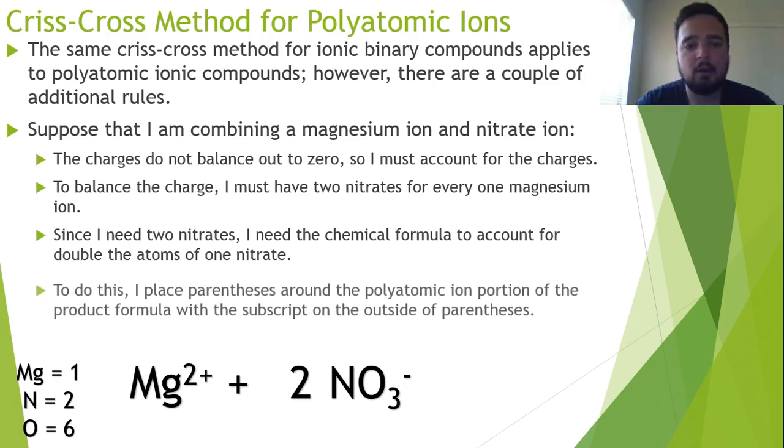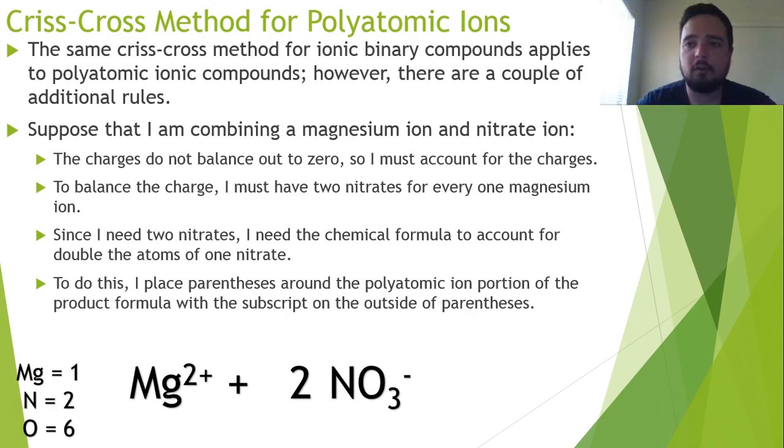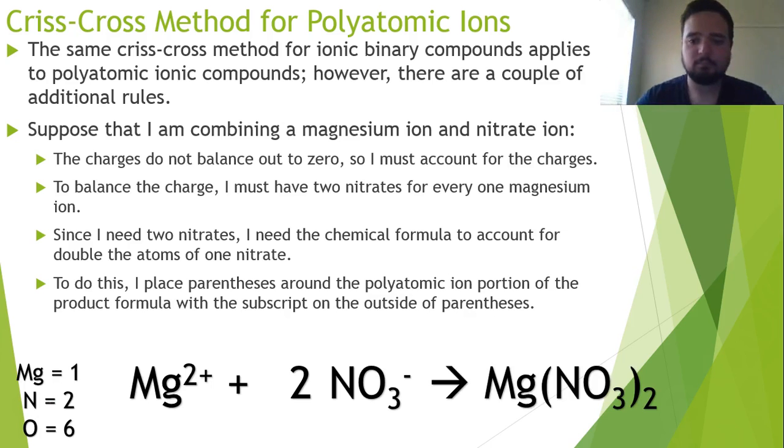So what you do is that when you crisscross the charges, when you have polyatomic ions, you always have to add parentheses, because it indicates that you're multiplying the subscript by a particular unit of a particular polyatomic ion. So that's what it's going to look like. This 2 is going to come down here, and you can't put the 2 next to the 3 because then it's going to look like you have 32 oxygens, which is not true.